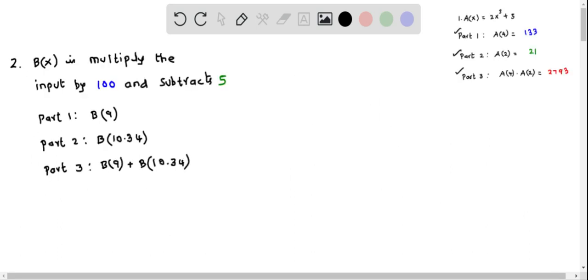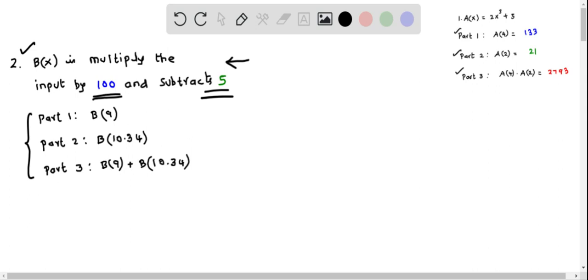We now answer all the 3 parts of exercise 2. To answer all the 3 parts, we have to first write the mathematical equivalent of this statement. That is, we have to first write down the function b of x in function notation. If we read this statement, it says that b of x is a function which multiplies the input by 100 and subtracts 5.